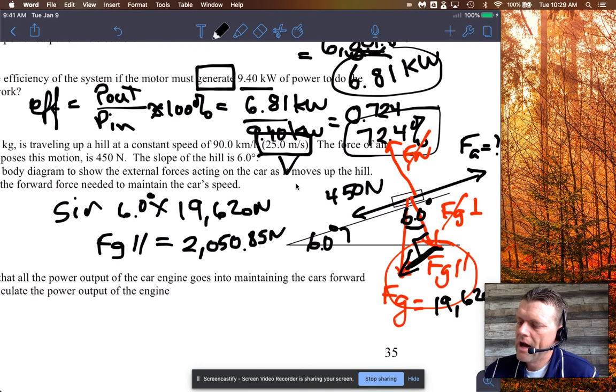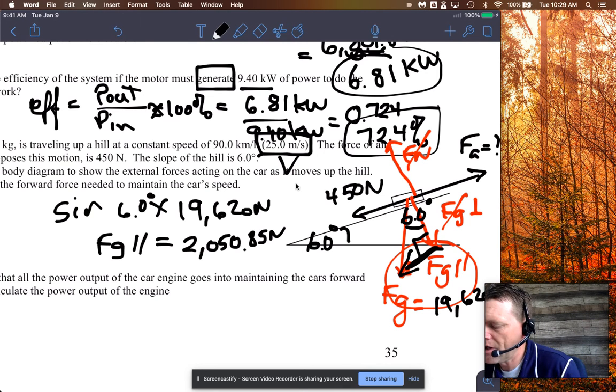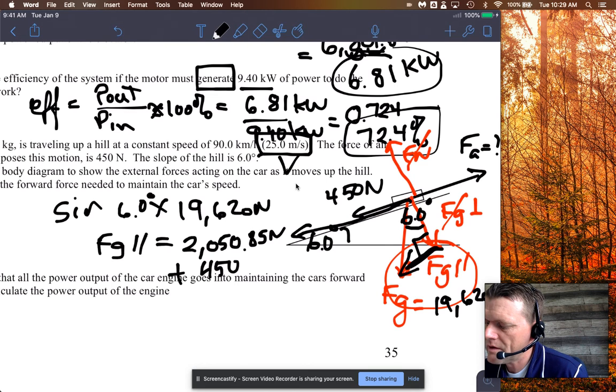So I get that, and I already know that there's essentially friction. This question could have a little more clarification because there's probably some other friction there, but it doesn't say there is. So then the total forces downhill would be this 2050 plus the 450 newtons.